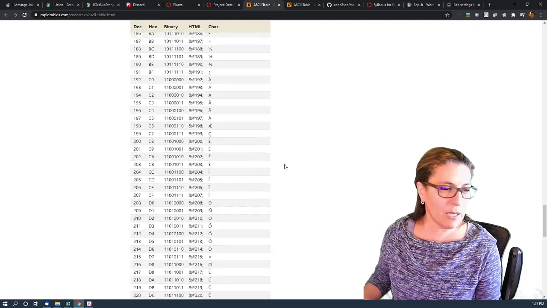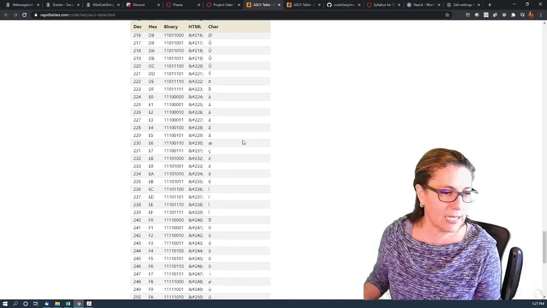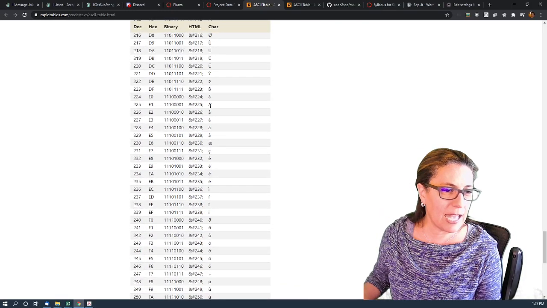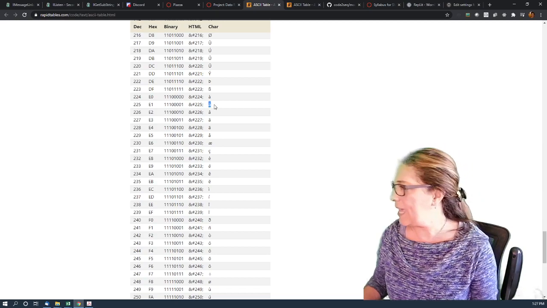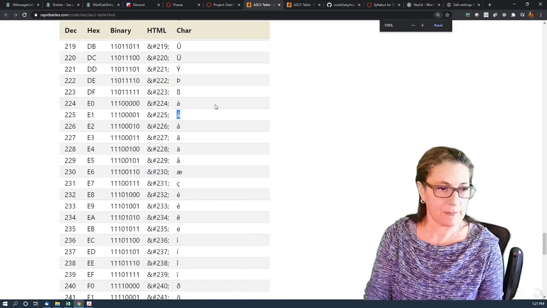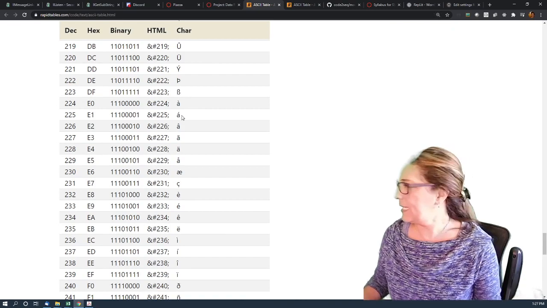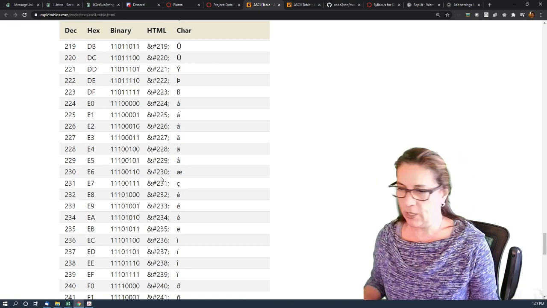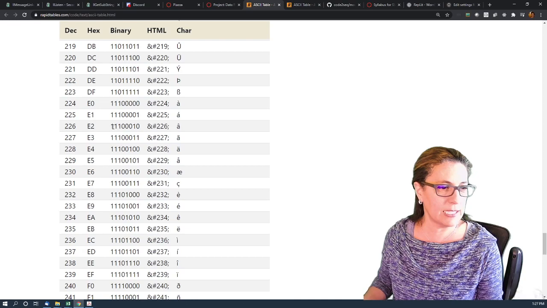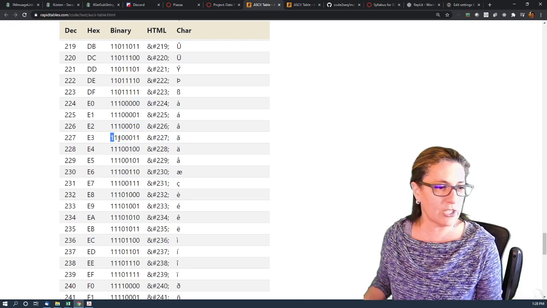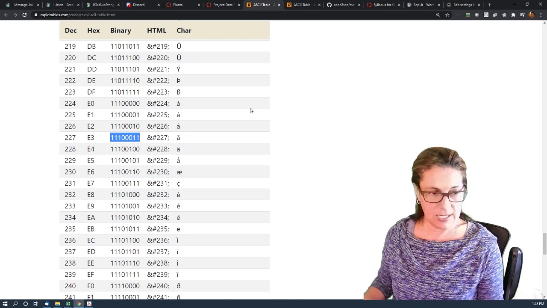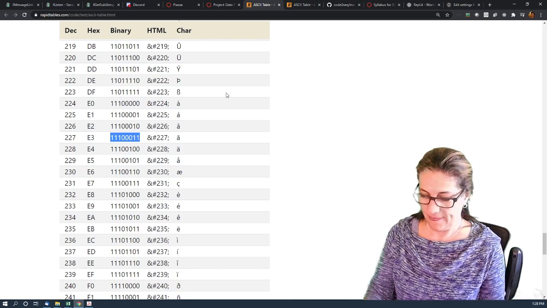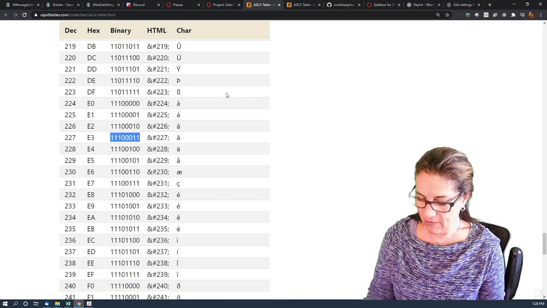So if your name has an accented A, here's the accented A, and the accented C and whatnot. They're all here, these are their binary representations. Any questions about the binary wall?